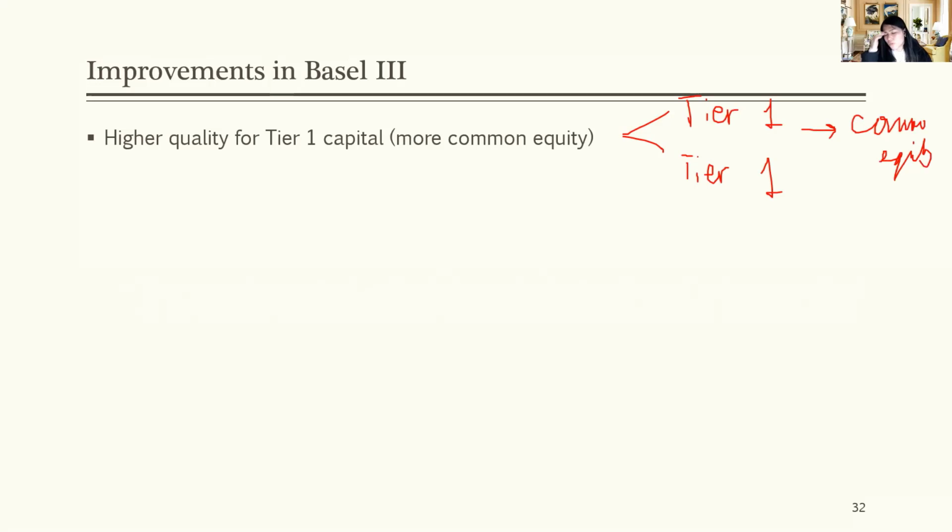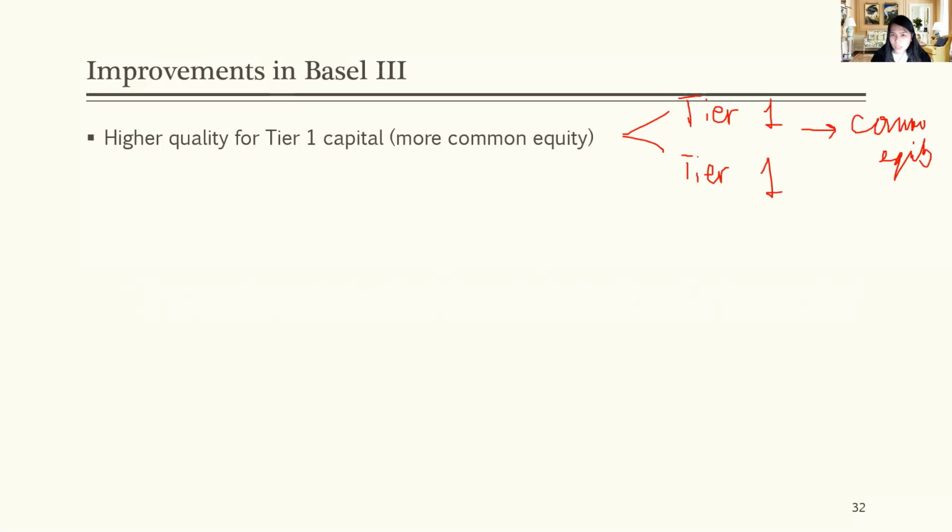So from a bank's point of view, common equity is a safe type of capital because the shareholders are the residual claimants on the bank's asset, right? Meaning that if the bank makes a loss, then they can write their losses off the equity first before it has to go to the other debtors.